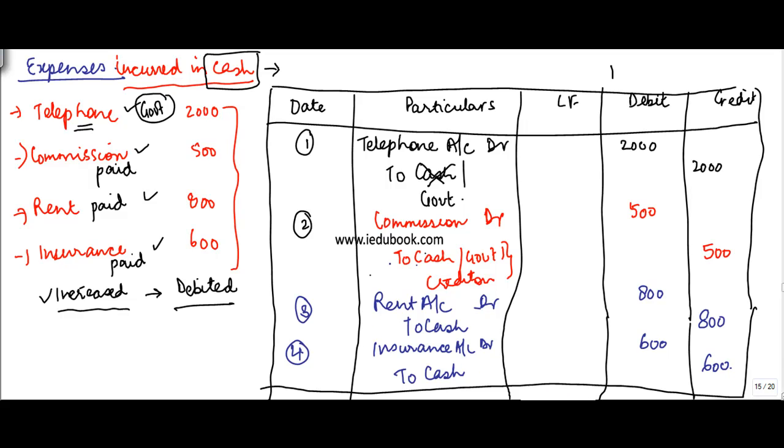Right? So that's how you make the entries for expenses. Depending on whether the payment is made in cash or credit, this account will change. But all the four of these remain the same.